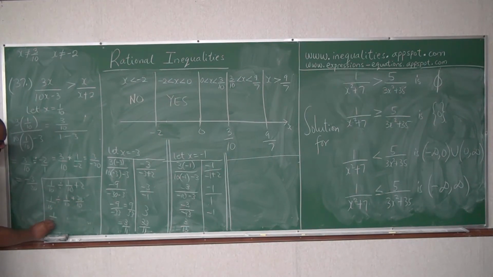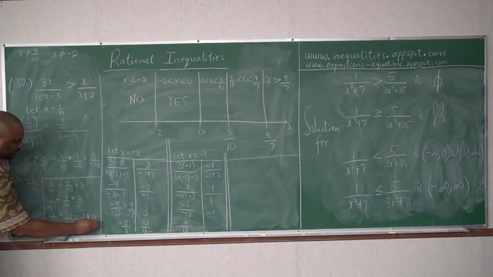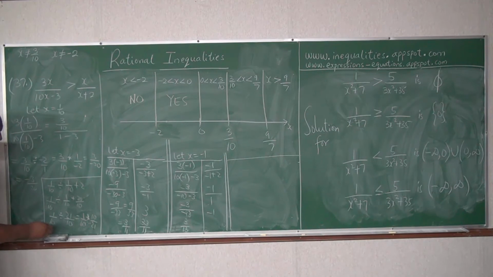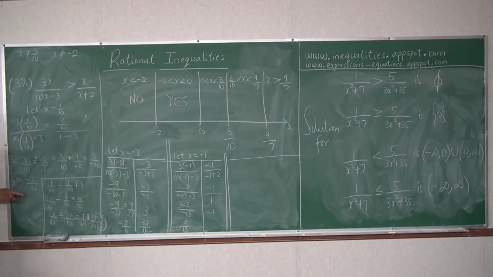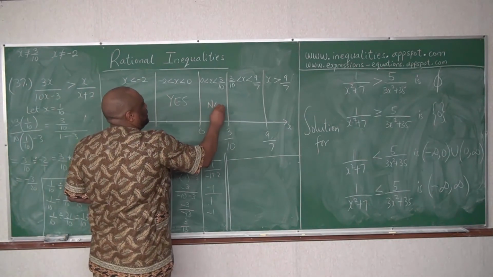So this is 1 over 10 divided by 21 over 10, if you add both of them, which is 1 over 10 times 10 over 21. And that gives us 1 over 21. So a negative is less than a positive. So this will be no.